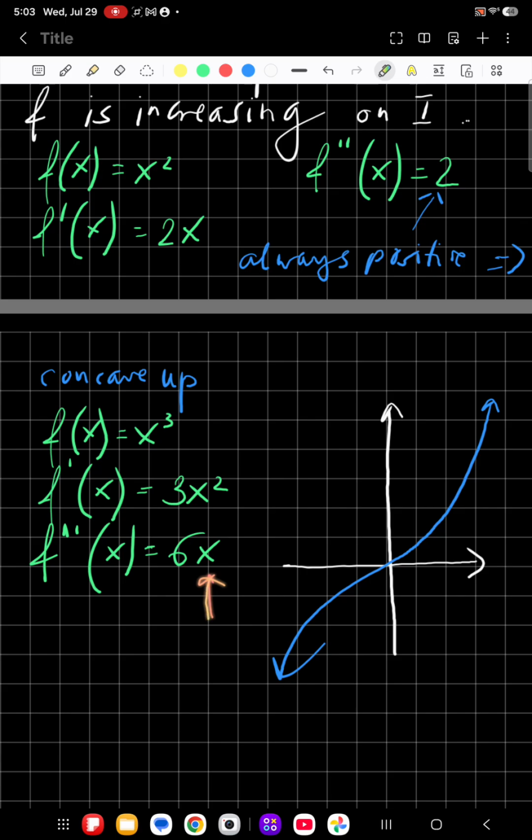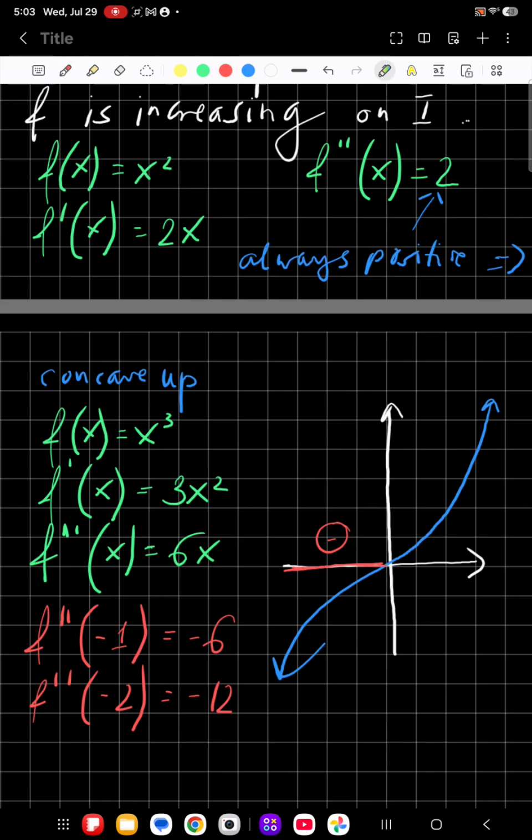If we take negative numbers, let's plug a couple in. f double prime of -1 equals -6. f double prime of -2 equals -12. So we're getting negative numbers here, and our conclusion will be concave down.